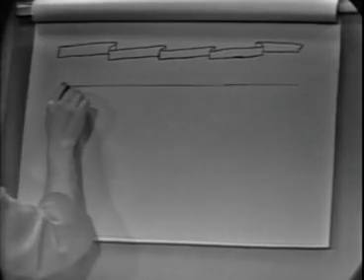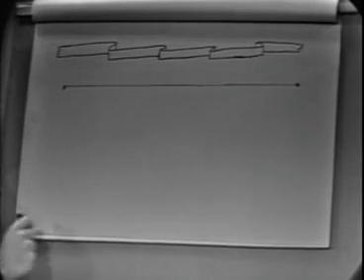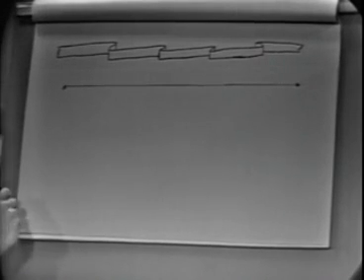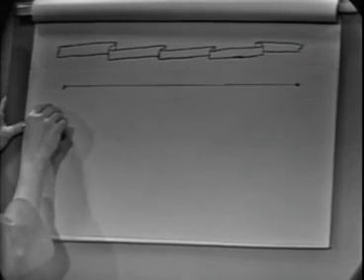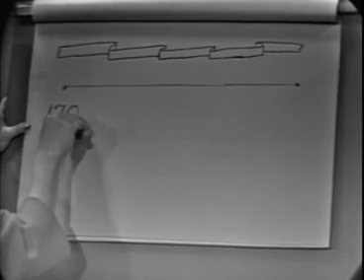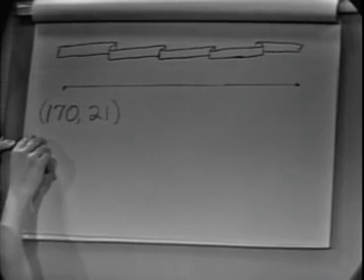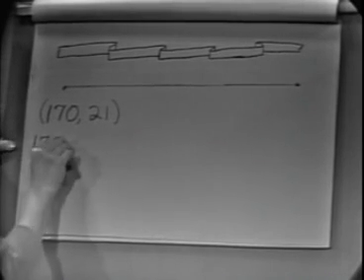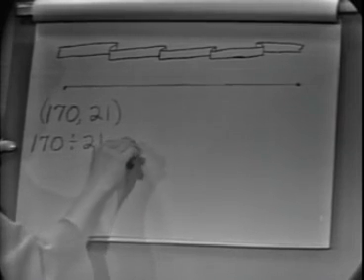We want to think of separating this line segment into 21 parts equivalent in length. We can determine the measure by thinking of the quotient for the pair 170, 21. We write the sentence 170 divided by 21 will give us what number?